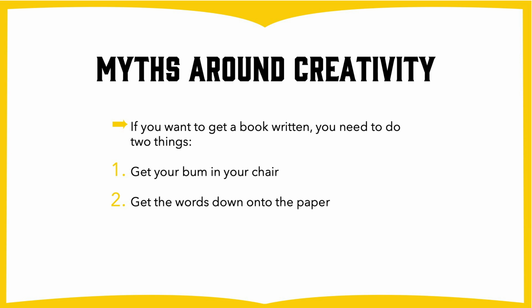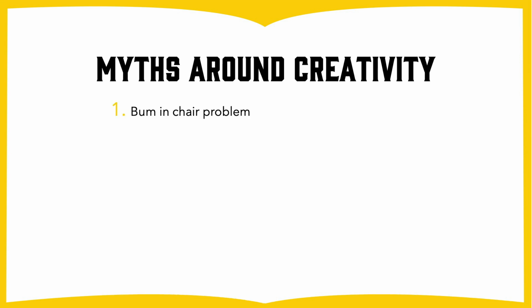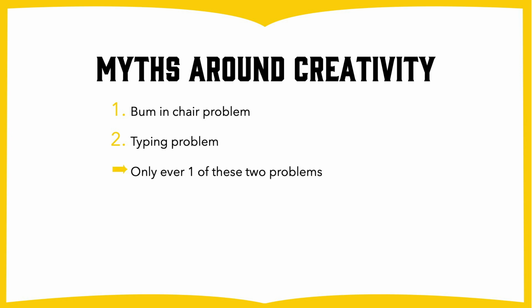So what that means is that if you're having trouble writing, you really only have one of two problems. You either have a bum and chair problem or you have a typing problem, and that's it. So whatever excuse or reason or justification that you give to yourself or to anyone else about why you're not getting your writing done, it only ever boils down to one of those two problems.